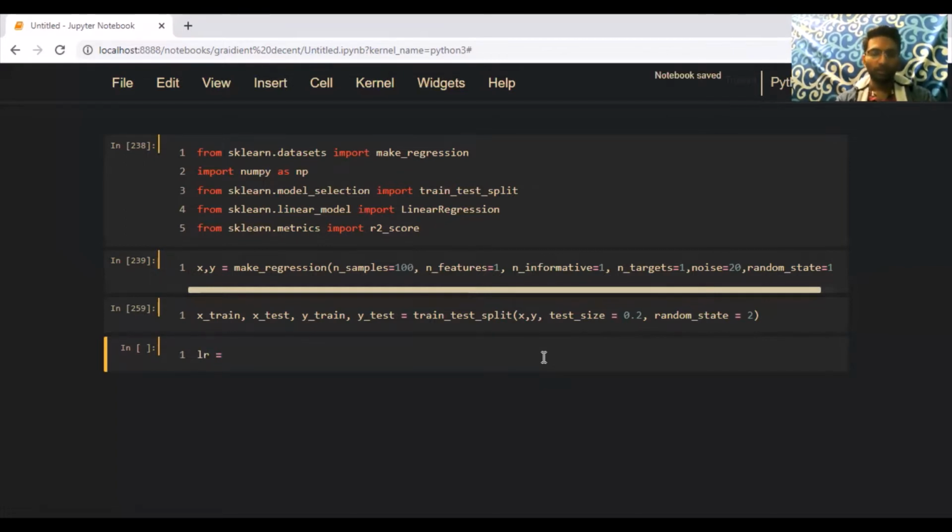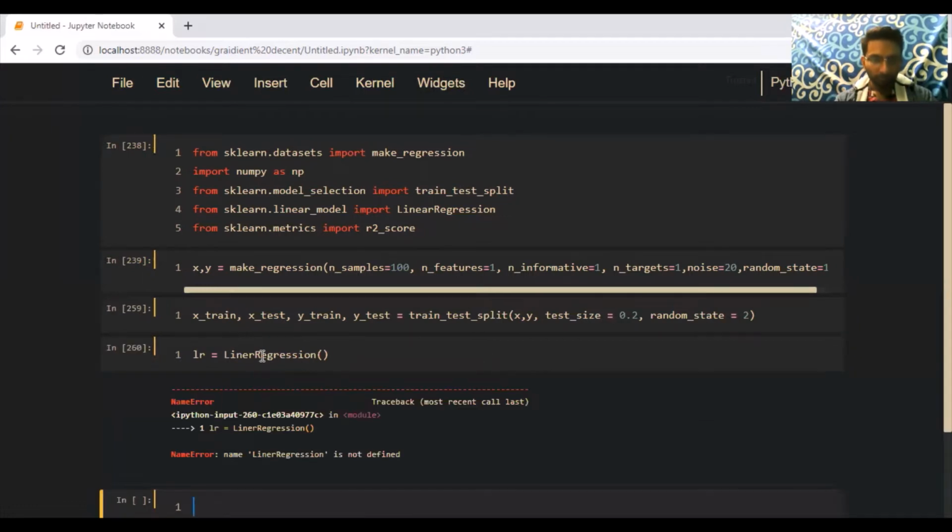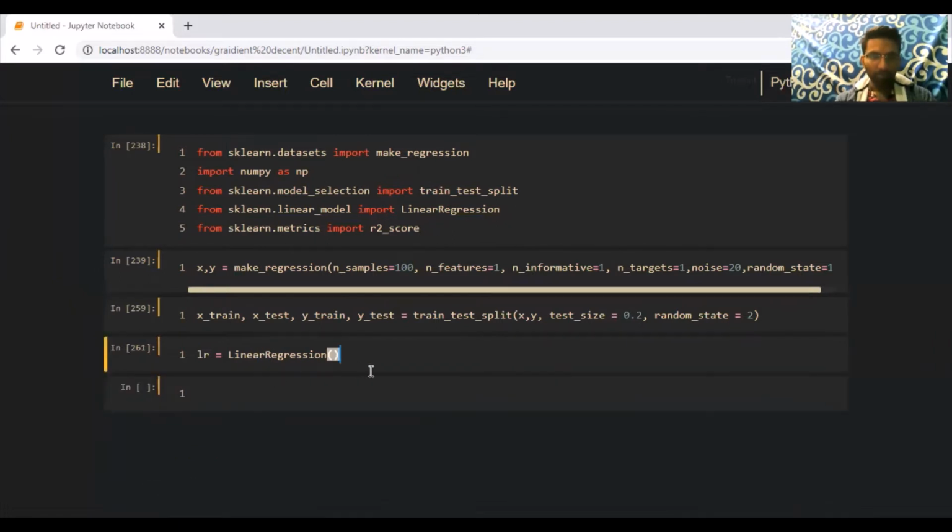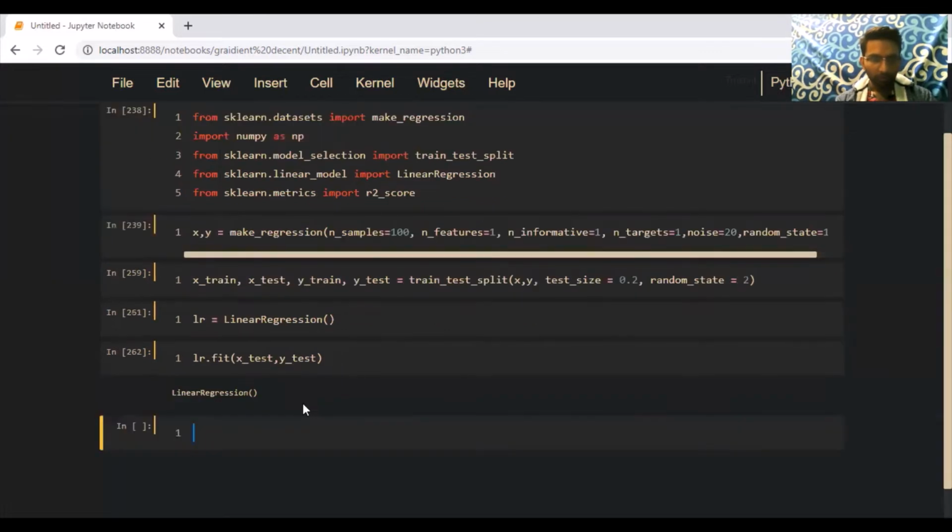So lr is equal to LinearRegression, then fit the model.